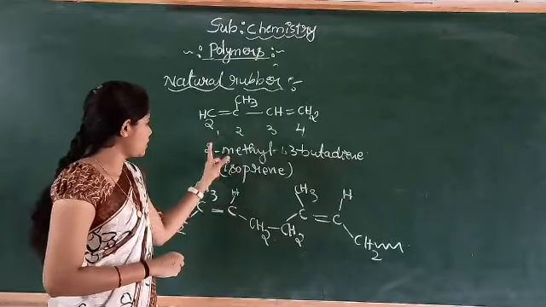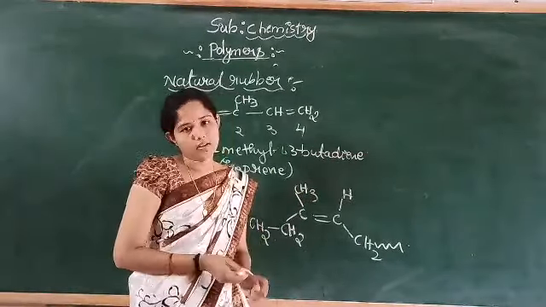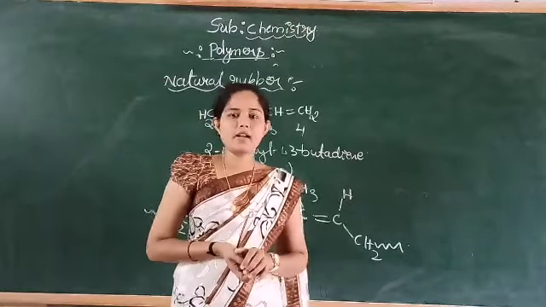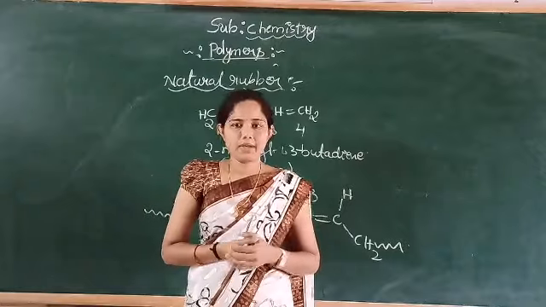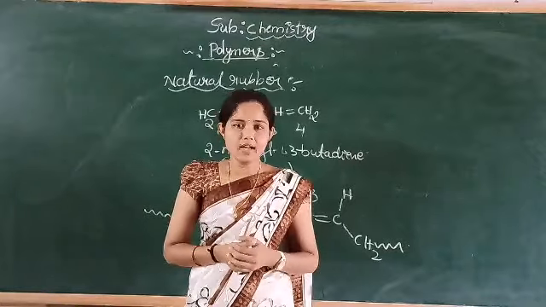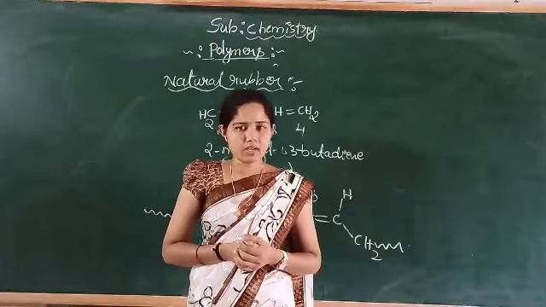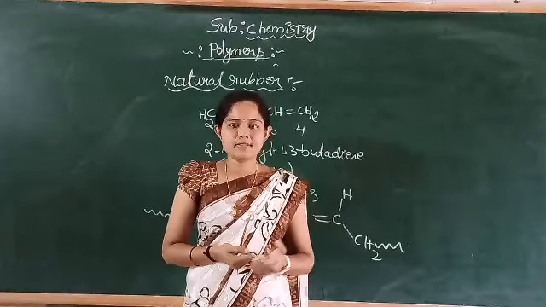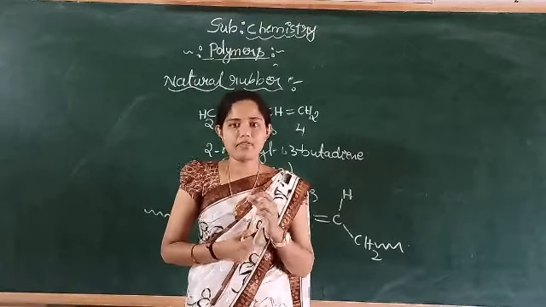Here, the polymerization of 2-methyl 1,3-butadiene takes place continuously. This natural rubber is soft, brittle and insoluble in water as well as in dilute alkalis. So, to increase the strength of natural rubber, we add some additives, like sulfur.